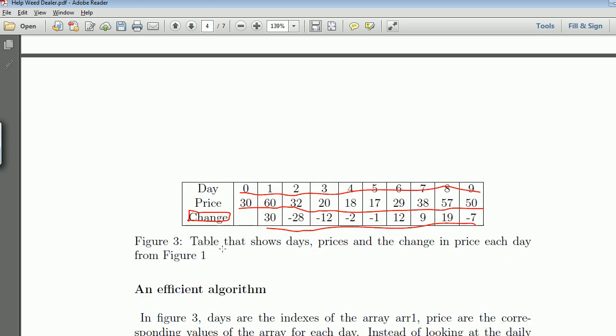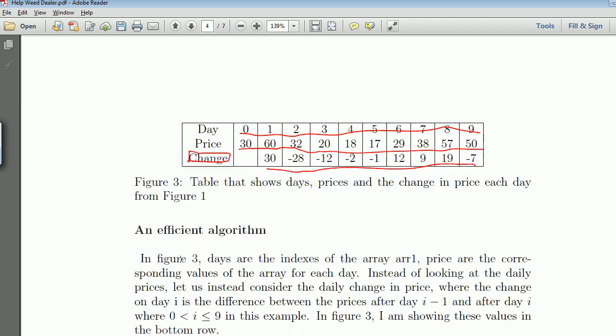Okay, so let's dive into this efficient algorithm. So in figure 3, like I said, days are the indexes and prices are the values, and let's follow a slightly different approach here.